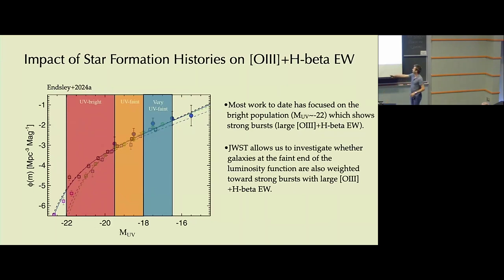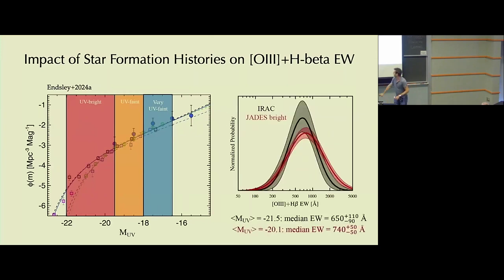So we can measure the equivalent width distribution of oxygen-3 and H beta in these 3 bins across the luminosity function, right? So here is what you see in the bright galaxies, and shown beneath it is what was seen with Spitzer prior to JWST. You see quite strong line emission. These are these strong bursts with typical equivalent widths of 700 angstroms or so.